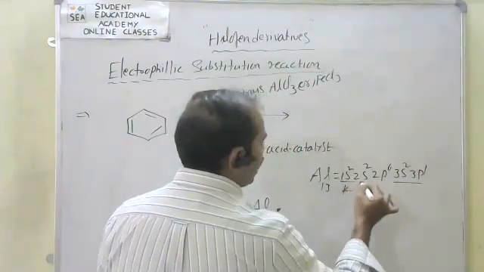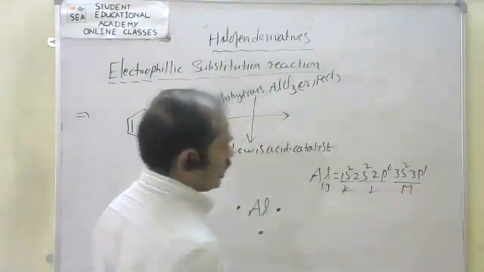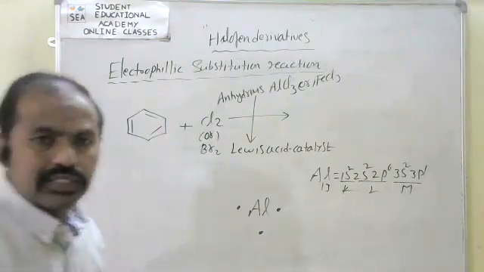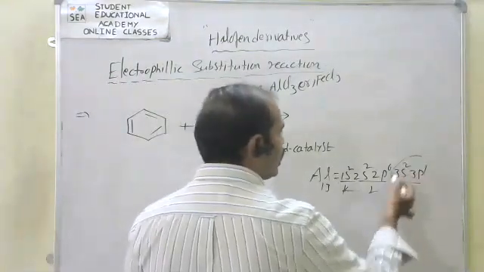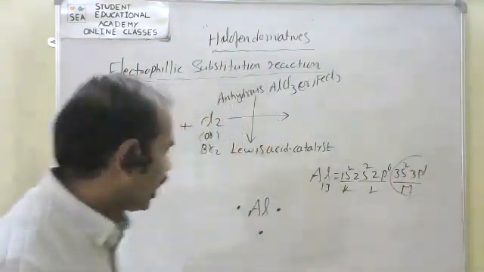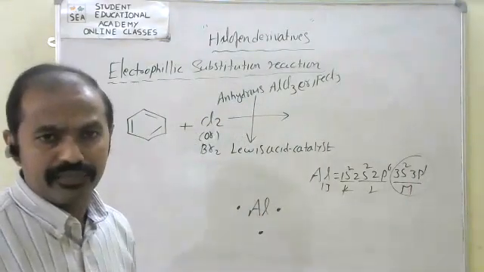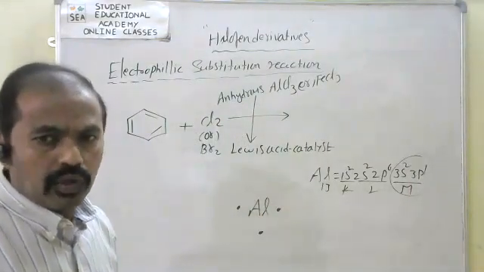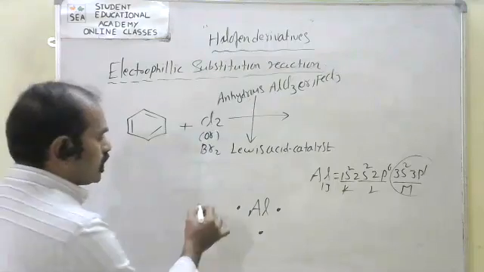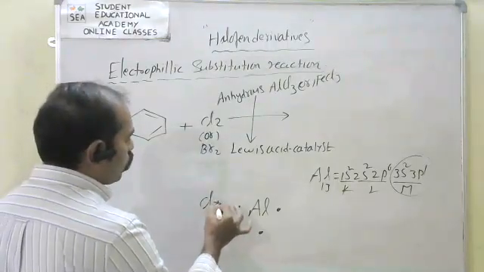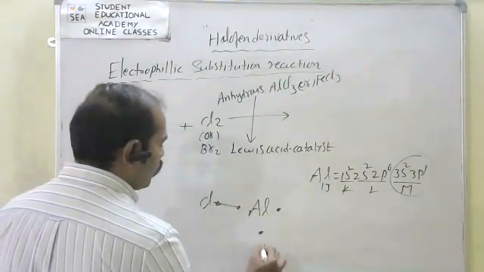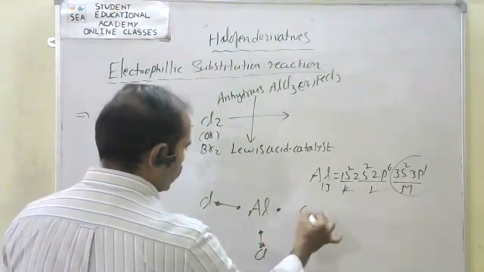It is the K shell, L shell, M shell. The valence shell contains 3 electrons. So by using these 3 electrons, it can form 3 covalent bonds with the chlorine atoms.